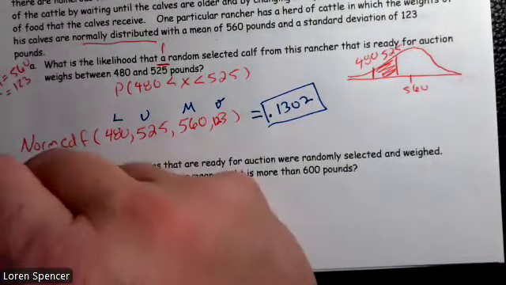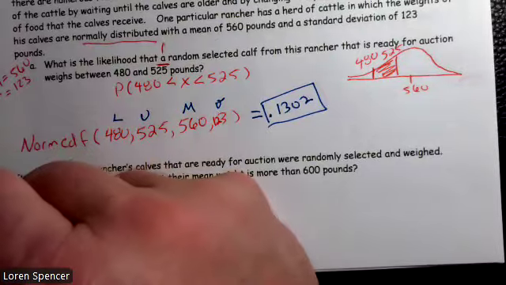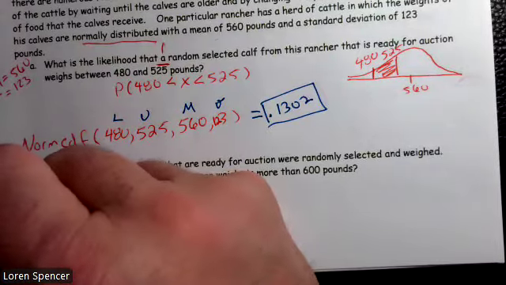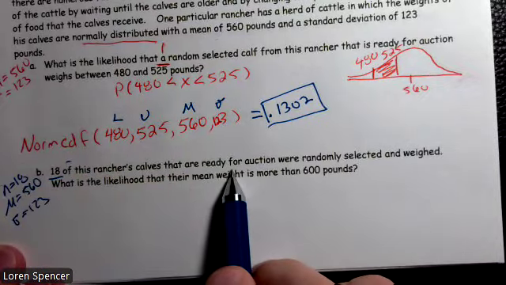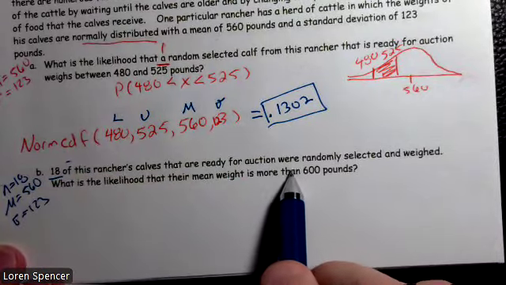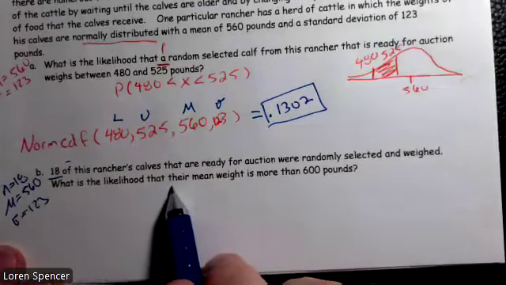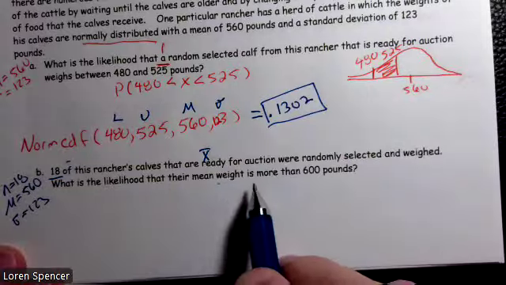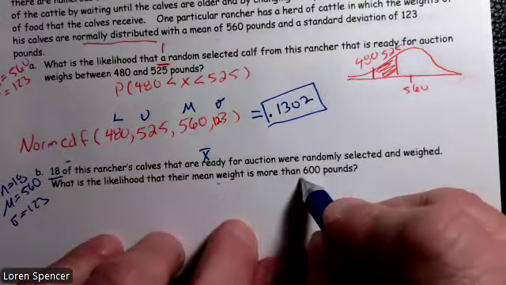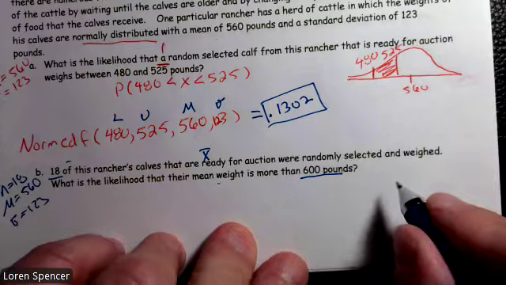Now, 18. Oh, we have a sample size. So n is 18. We still have the mean of 560. We still have the standard deviation of 123. The calves are ready for auction and weighed. What is the likelihood that their mean weight, we're looking for an X bar, so this tells me it's a Z test, is more than 600 pounds? All right.